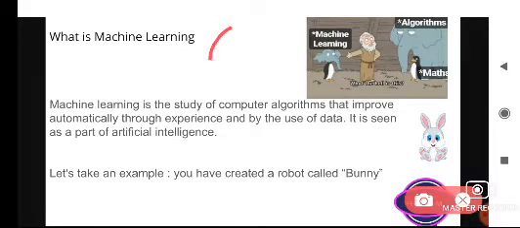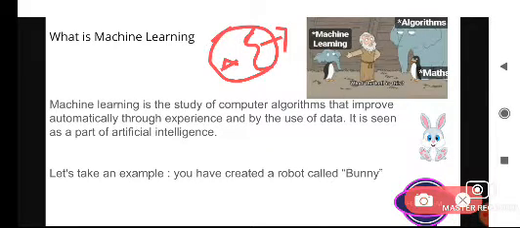If artificial intelligence is our brain, machine learning would be a part of our brain. It's something like this. So let's segregate the words and find out the meaning.